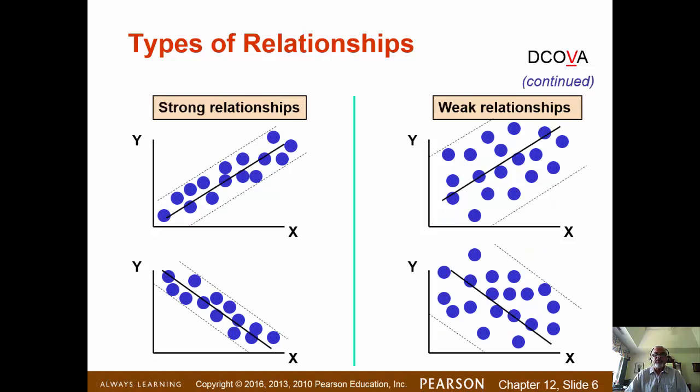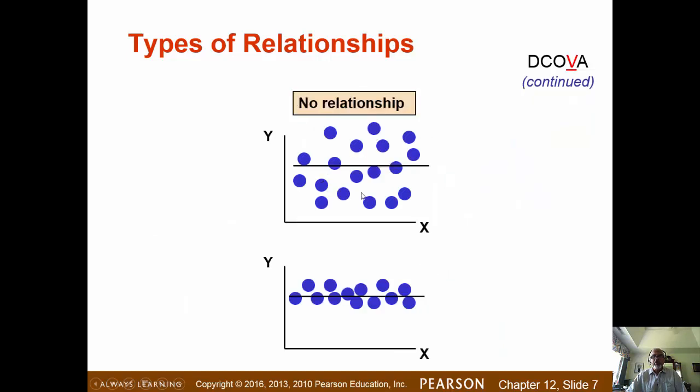Now let's look at the strength of relationship a little bit more. Here again you see that these are positively correlated between x and y, strong and weak, negative correlation between x and y, strong and weak. Now let's look at these two graphs.